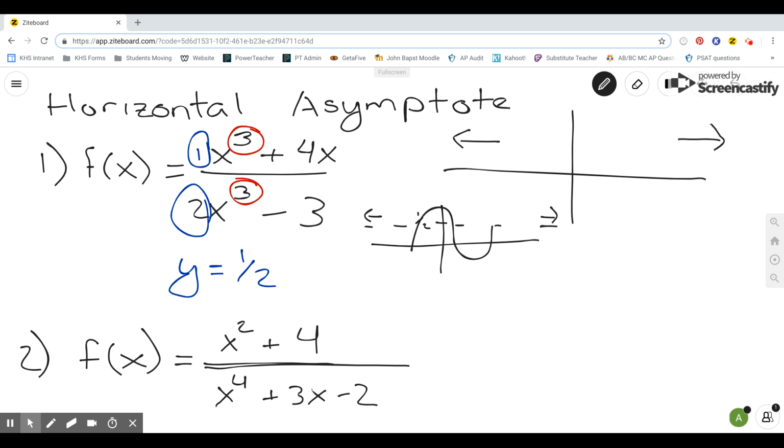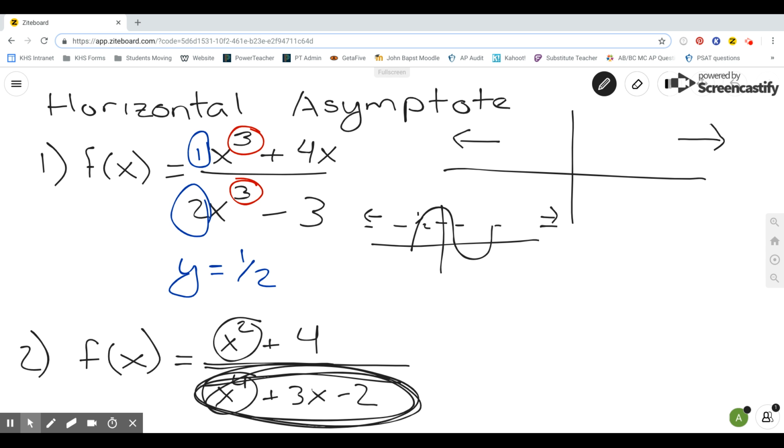If you were to plug in really, really large numbers of x, like 1,000, and then 10,000, and then 1,000,000, what is going to take over? Well, your largest terms are going to be the ones that take over. But think about x squared over x to the 4th. Which one is going to take over when you're plugging in such large numbers of x? That's going to be your denominator. So your denominator is going to take over.